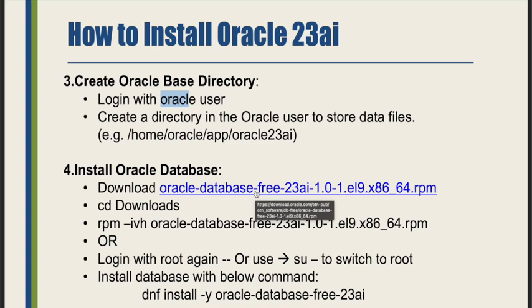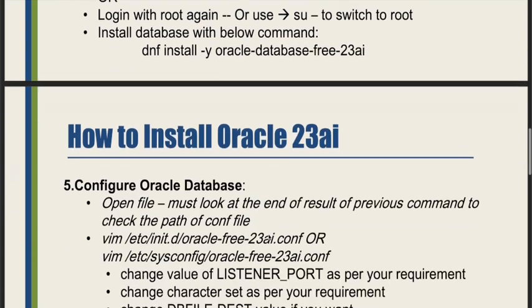Or you can log in with root, or if you are already logged in with Oracle, then you can switch to root user with the su command, and then run the command to install the database, which is dnf install -y oracle-database-free-23ai. This command was not working for me, so I used the RPM. I downloaded the RPM and installed it through rpm -ivh, and it worked fine.